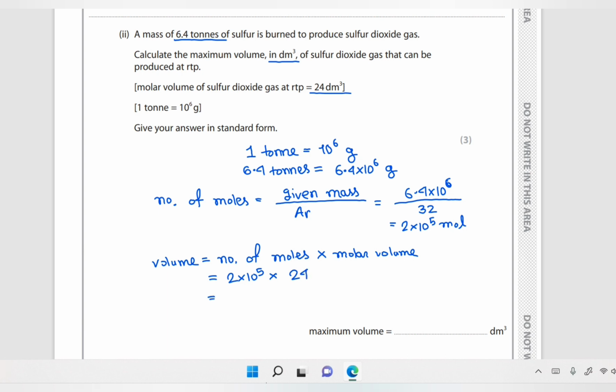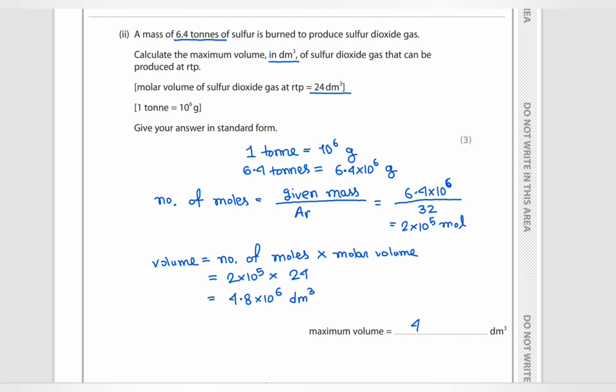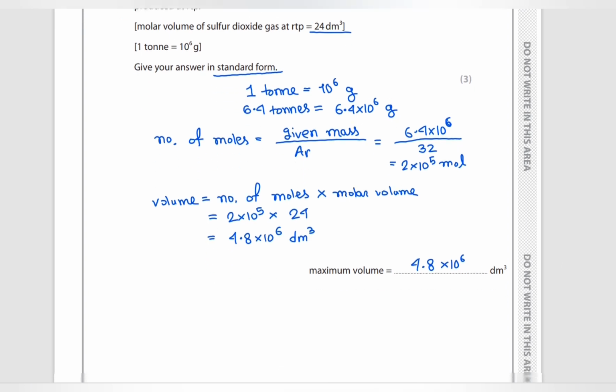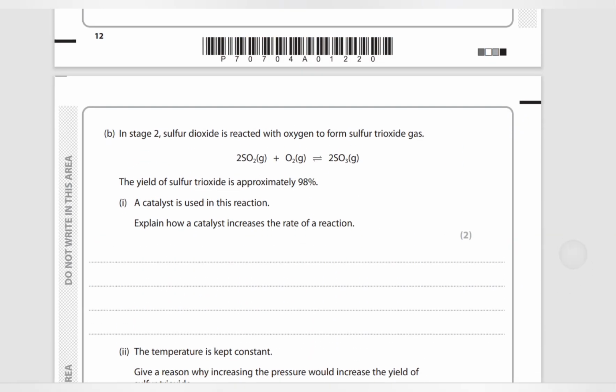If you calculate it, you get a value of 4.8 into 10 to the power 6 dm cube. So this is 4.8 into 10 to the power 6. Remember to keep your answer in standard form as the question asked you to do so. So part A2 is done.